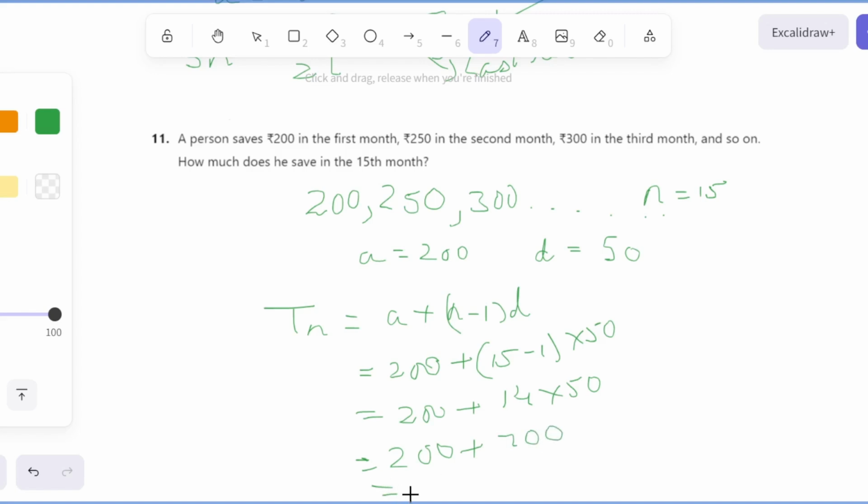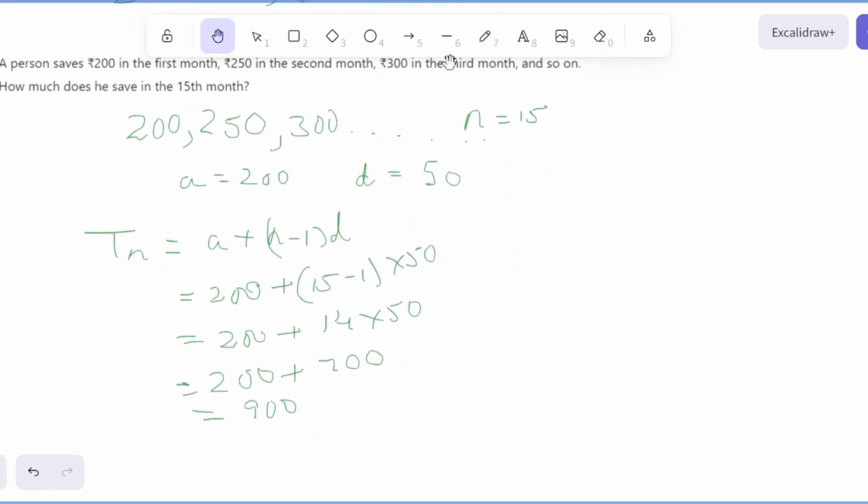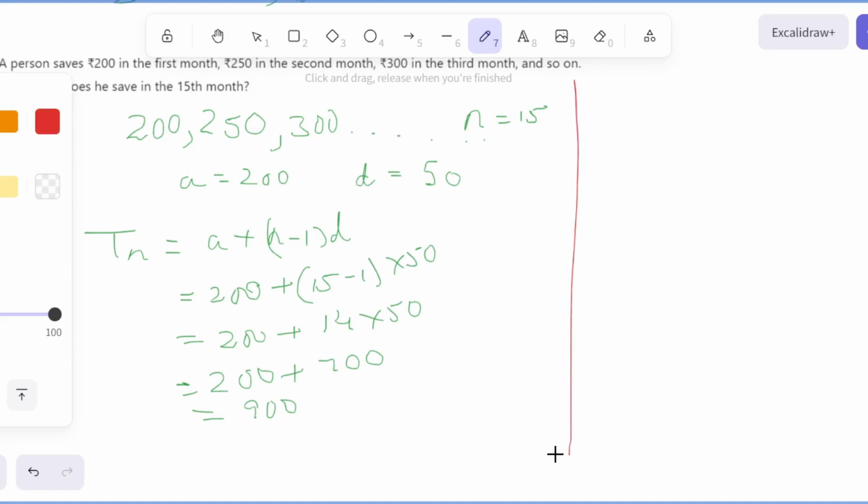So this will come out to be 900. So in the 15th month, he will be able to save 900. Is that all good? So this is for the 15th month.